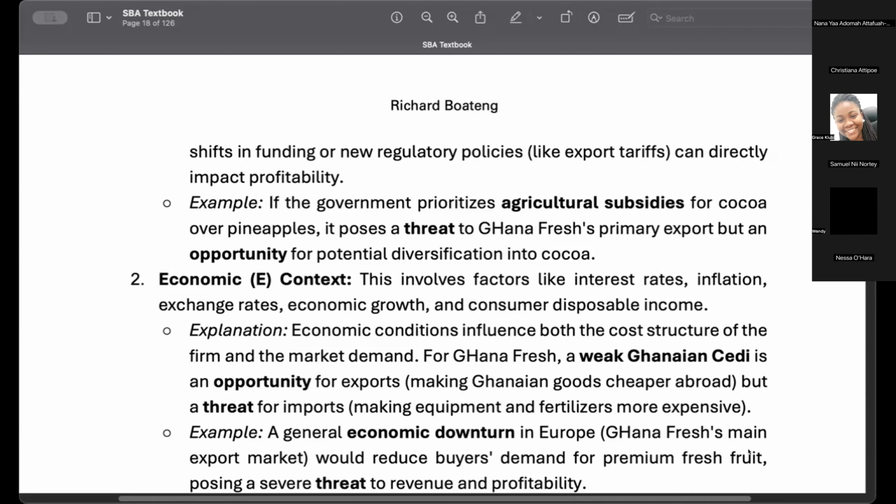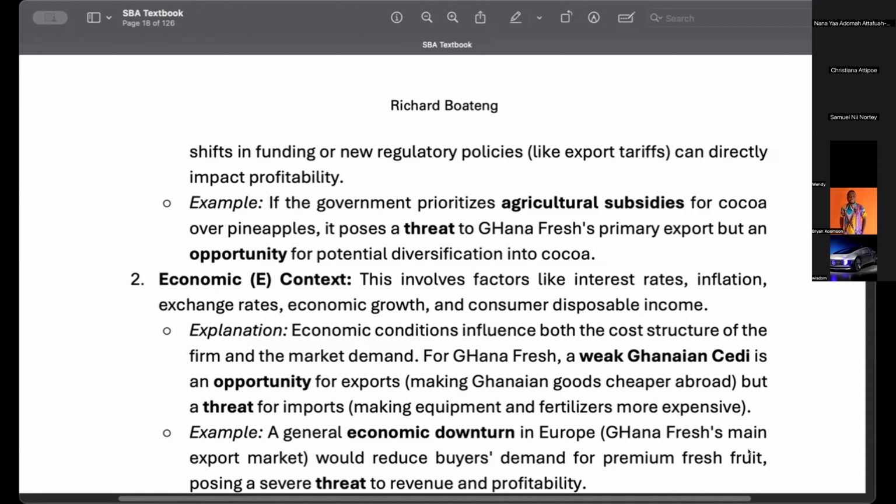For example, if a government prioritizes agricultural subsidies for cocoa over pineapples, that means that a company like GH Fresh, which is into pineapple, will not get that benefit, and it may have to consider diversifying to cocoa in the future. So anything you do in the political context can also influence the companies operating in that environment.